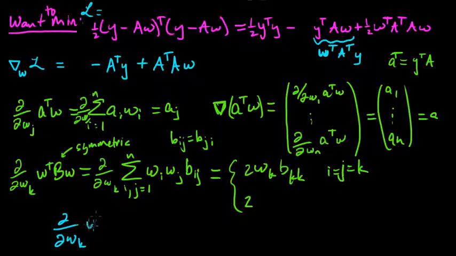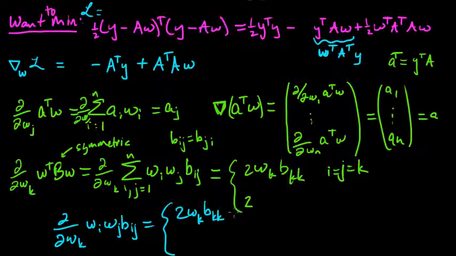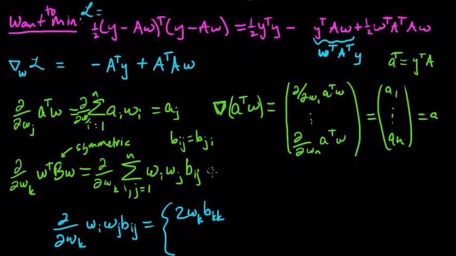Partial with respect to wk of the sum of wi wj bij equals 2 wk bkk if I equals j equals k.